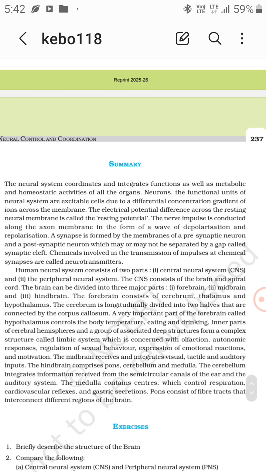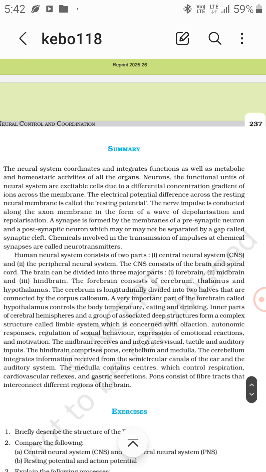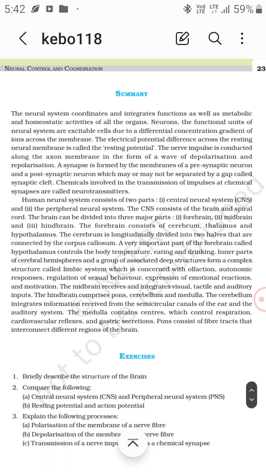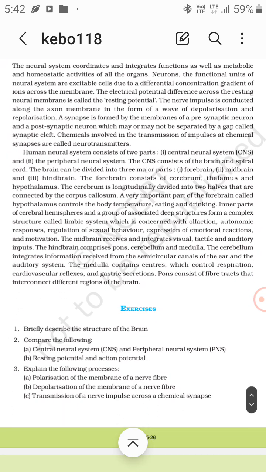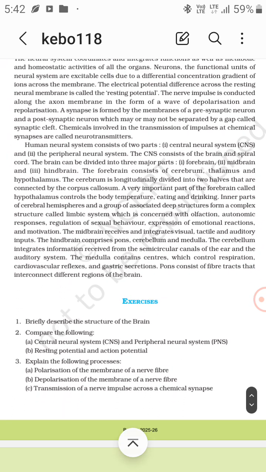Neurons, the functional units of the neural system, are excitable cells due to a differential concentration gradient of ions across the membrane. The midbrain receives and integrates visual, tactile, and auditory inputs.